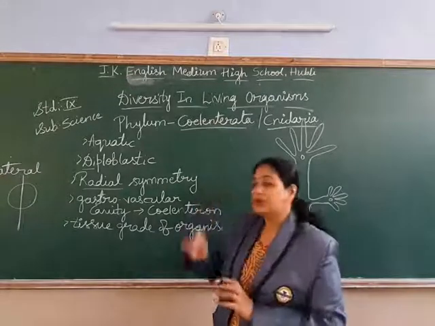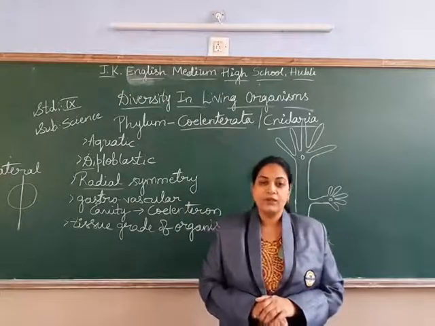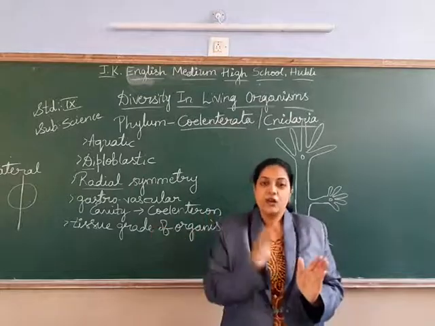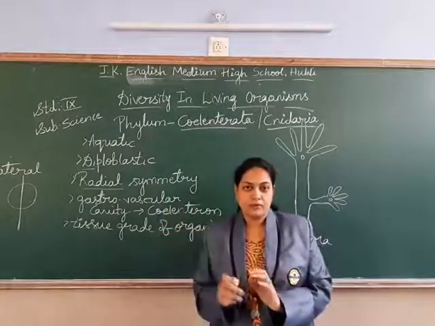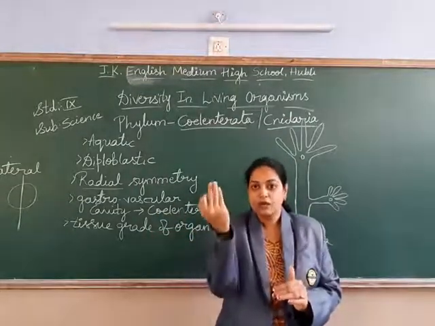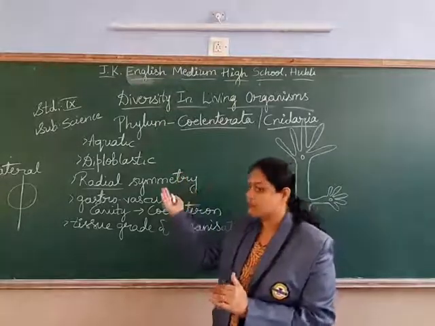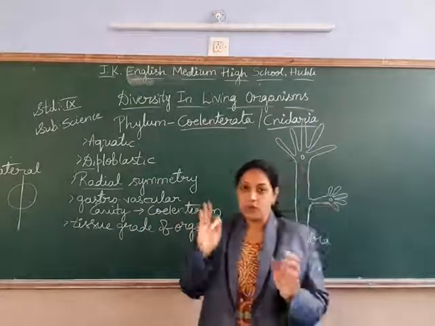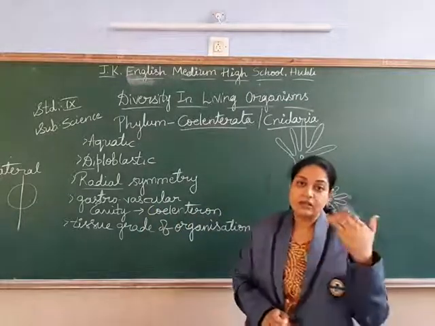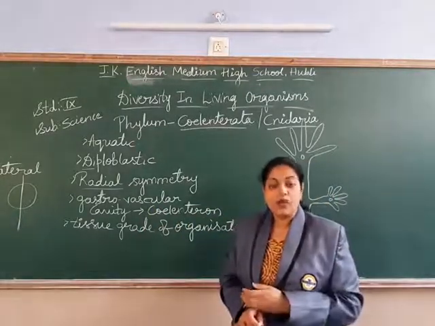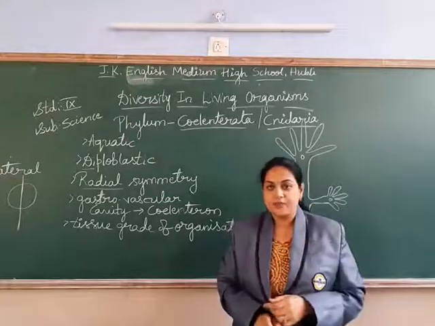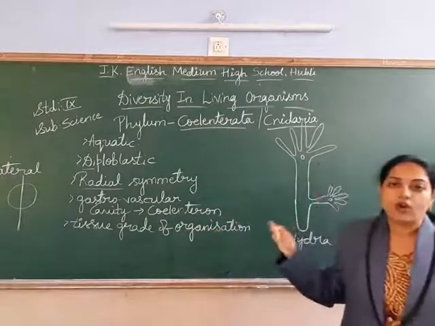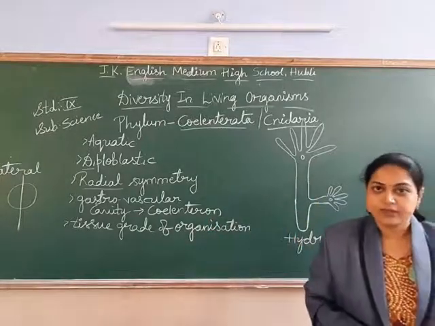The second phylum is Coelenterata. As I told you in the previous class, these phyla are arranged according to the evolutionary path. You can see one step extra compared with Porifera. Here you don't find only cells; tissues have formed, but not organs and organ systems. So this is called tissue level or tissue grade of organization.